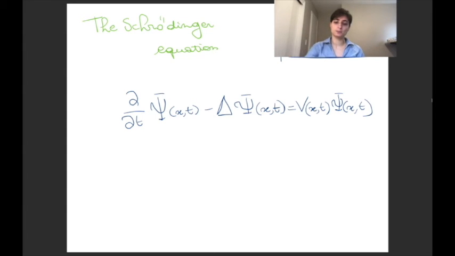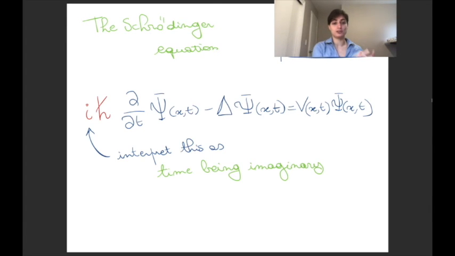But this is not the Schrödinger equation, actually, because you have one extra term that multiplies your time derivative. That is the imaginary number times the Planck's constant. You interpret this as saying that the Schrödinger equation works with imaginary time.